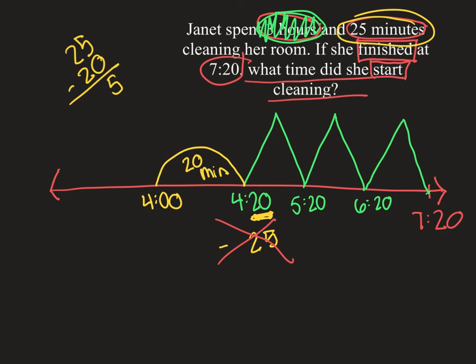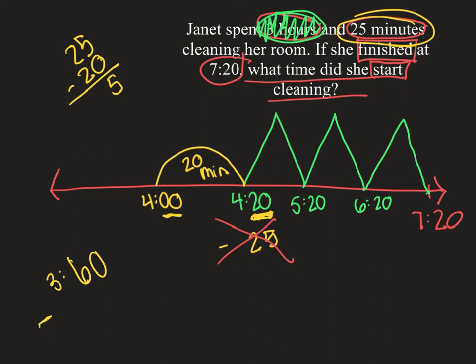So now, this guy right here is a 0, and I can't do 0 minus 5. So what I'm going to treat him as is a 60. Okay? So I'm going to change that 0 to a 60, which is going to really change my 4 to a 3. So instead of looking at this as 4 o'clock, I'll look at it as 3:60. Alright? Because 3 hours and 60 minutes is the same thing as 4 hours.